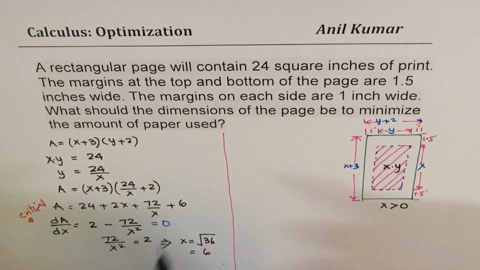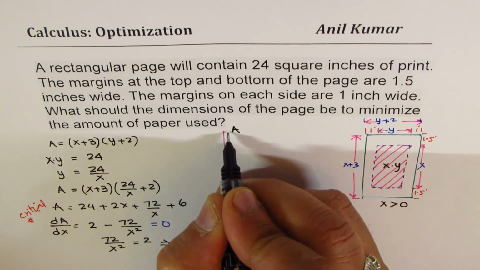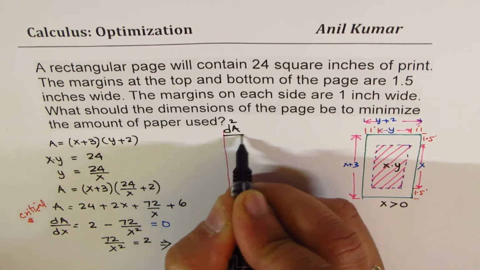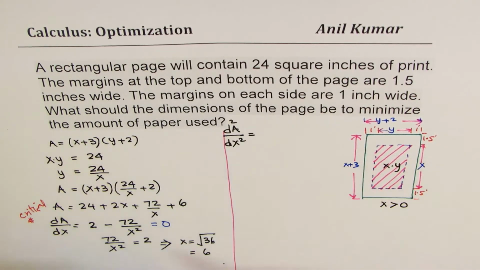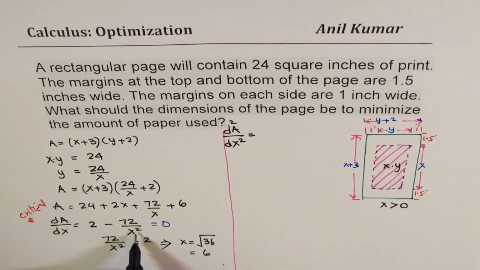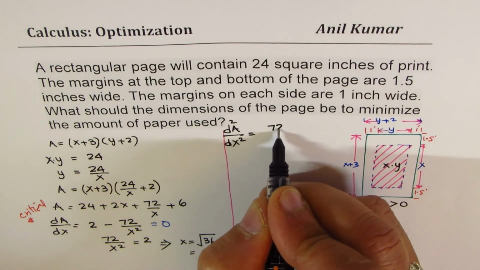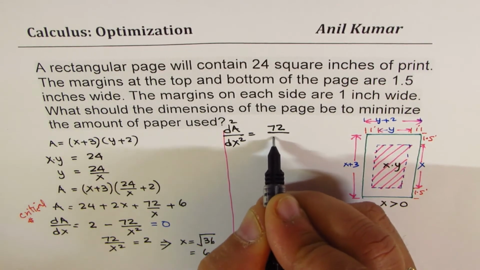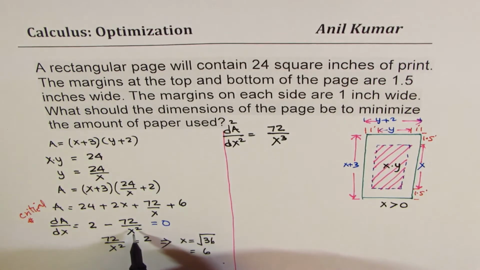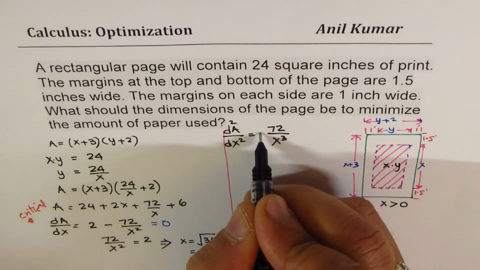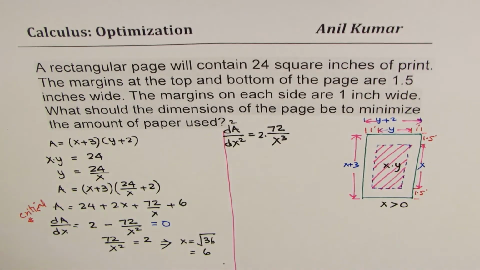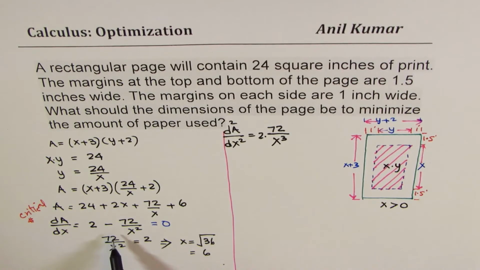One, we can do second derivative, which is simple. So d2A over dx squared will be what? Derivative of 2 is 0, and this becomes positive 72 over x cubed, and derivative of this is minus 2x, so times 2. Correct? So minus and minus makes it positive.